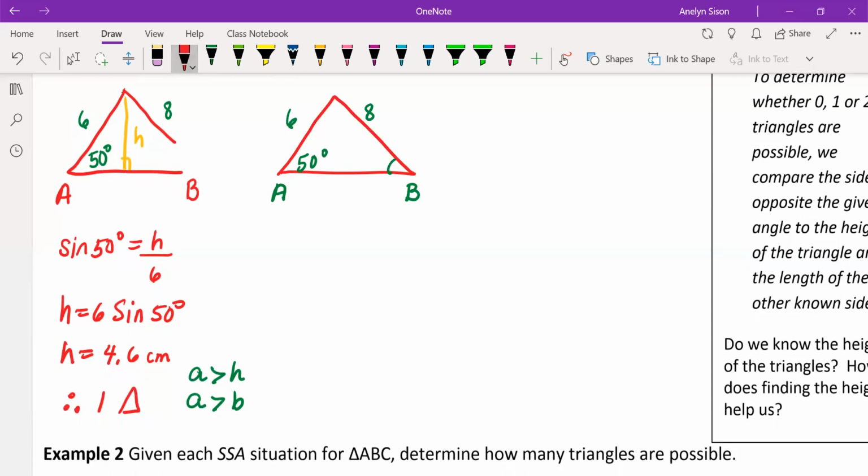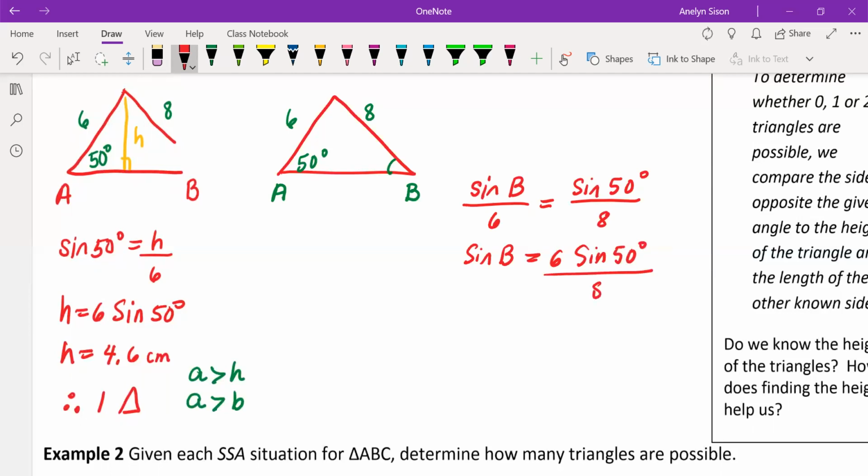And sine law means sine B over 6 equals sine 50 degrees over 8. So sine B is equal to 6 sine 50 degrees over 8.